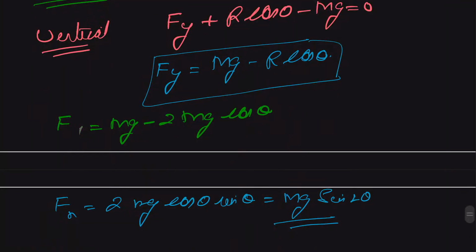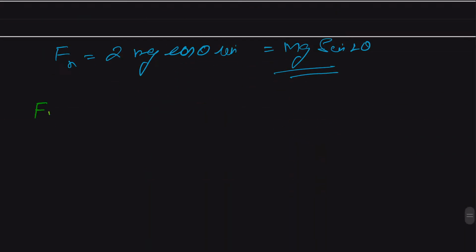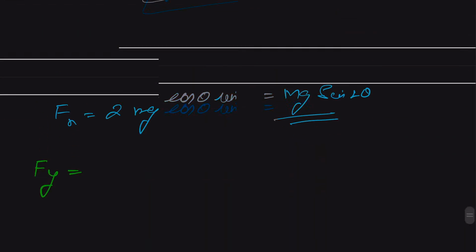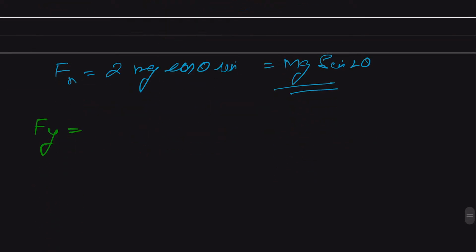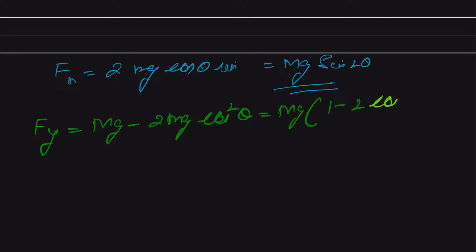For our y component, let me write this here. We get F of y is equal to mg minus R, and that comes to twice mg cos square theta. mg we can take as common, so this comes as 1 minus 2 cos square theta.